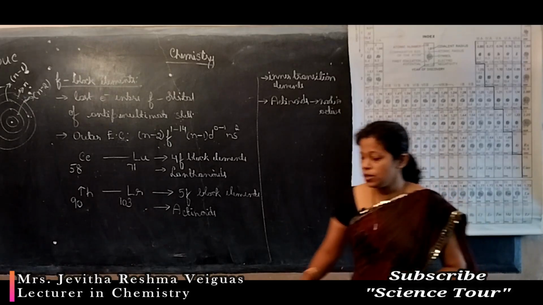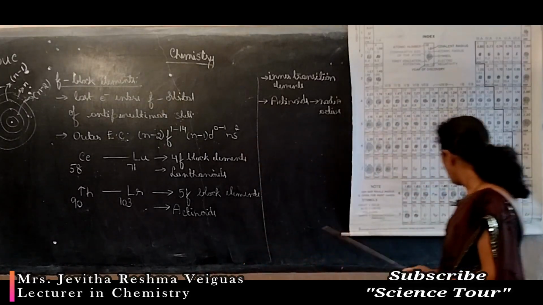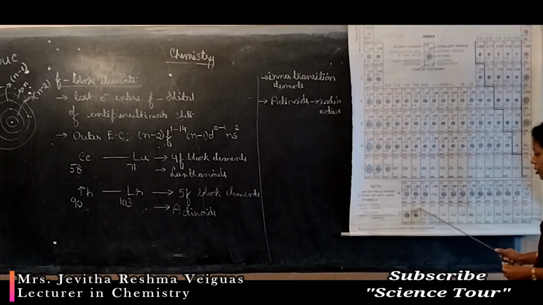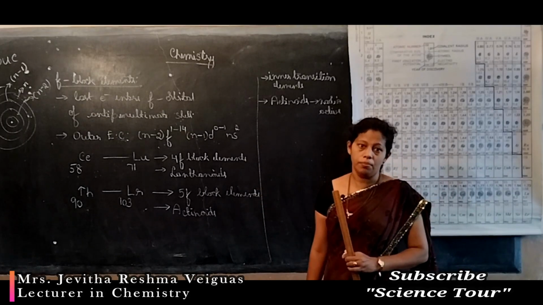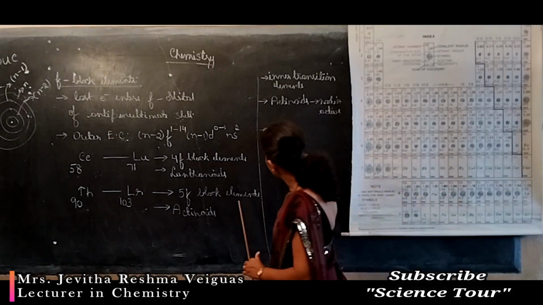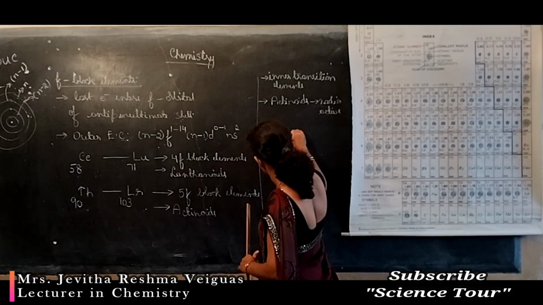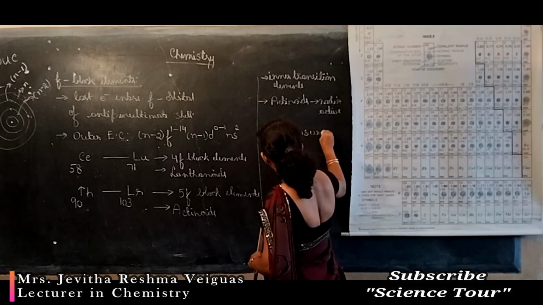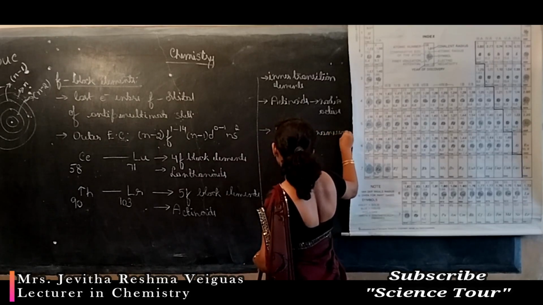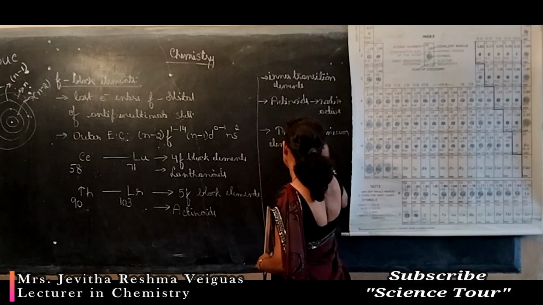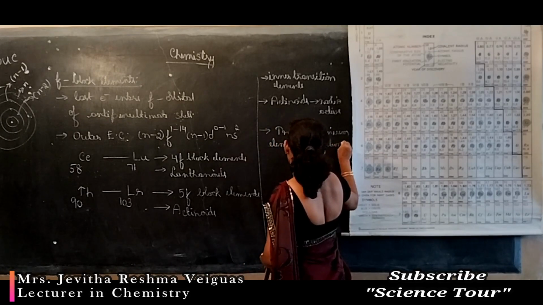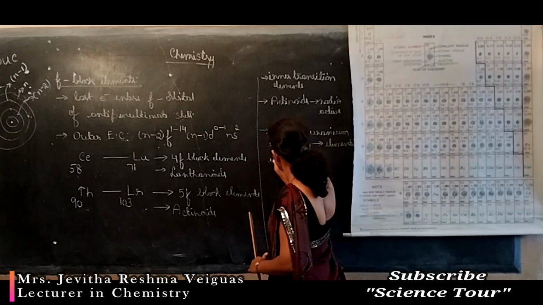In the F block elements, after atomic number 92, atomic number 92 is uranium. After this, whichever elements come are called transuranium elements. Transuranium elements are elements after uranium.